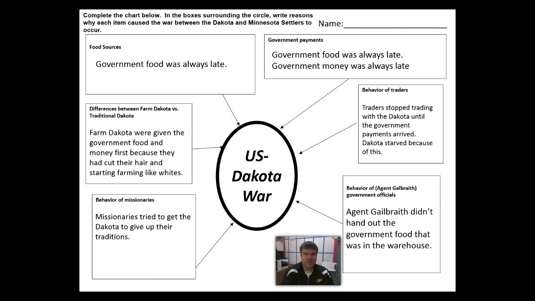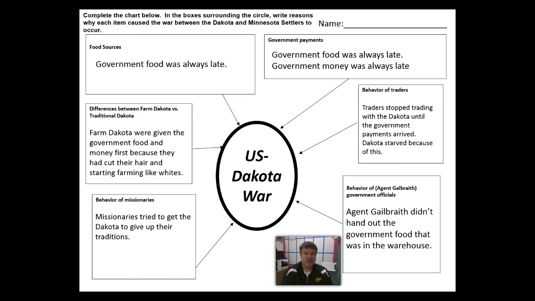And so some Dakota who cut their hair short, who started farming, became known as the Farm Dakota, and they were the ones that were given the food and the money payments first. And then the traditional Dakota, the ones who wanted to keep their traditions, who didn't want to cut their hair, who didn't want to be like the white man, were forced to wait longer to get that food and that money.